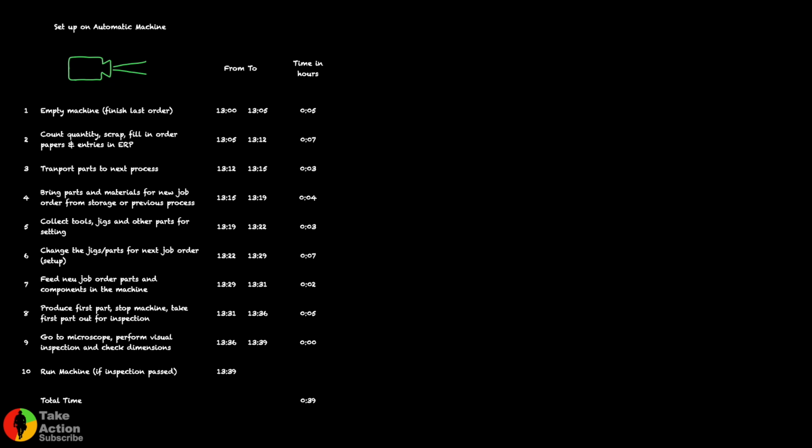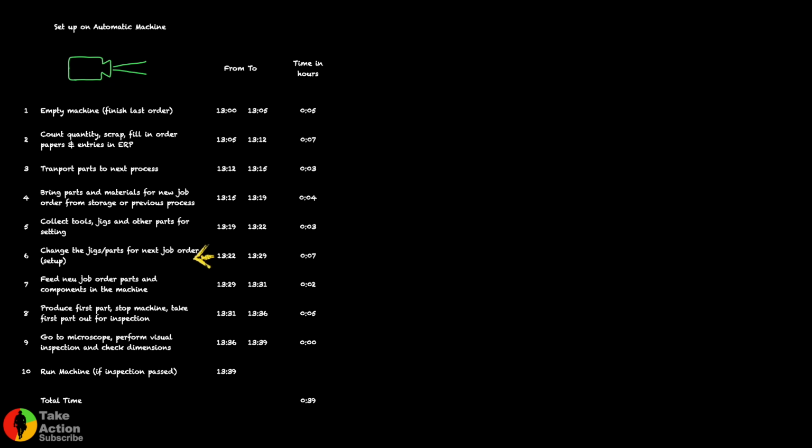Activity number 3 is transporting this finished job order to the next process. Then he's going to the storage area and to the previous process and bringing the material for his next job order. And then he's again going for collecting the tools, jigs, fixtures and other parts which he requires for the setting. And then he comes back to the machine with these parts.